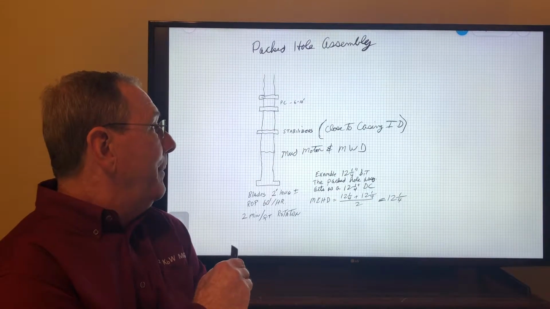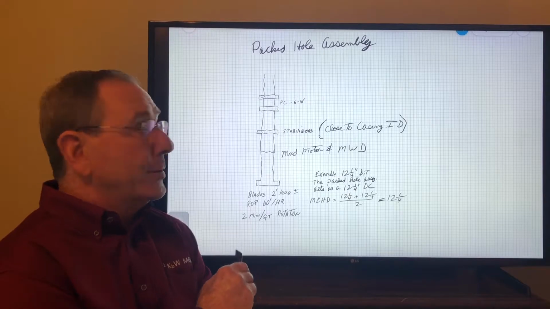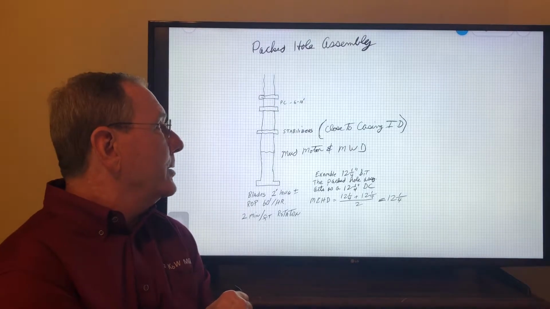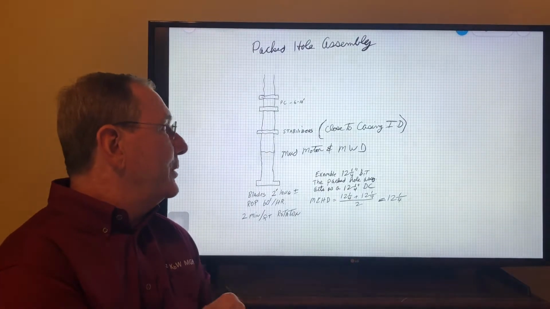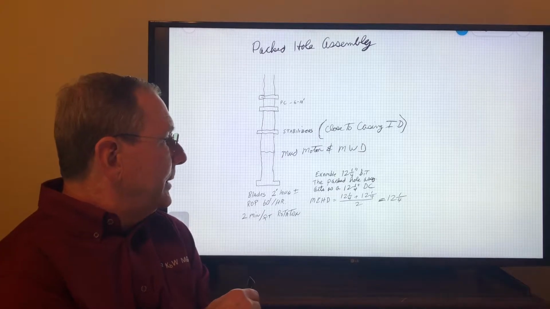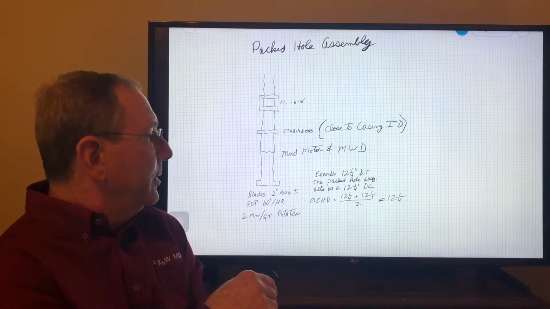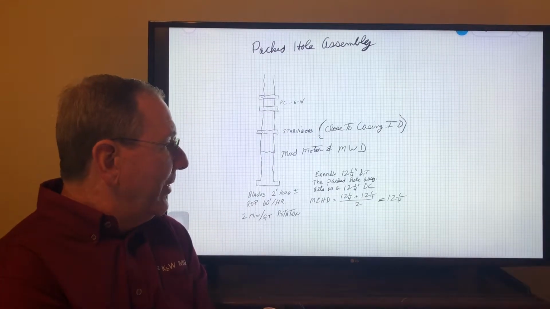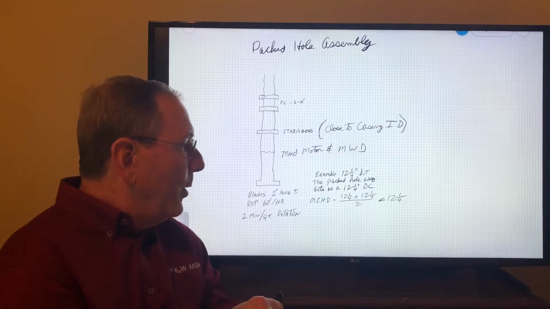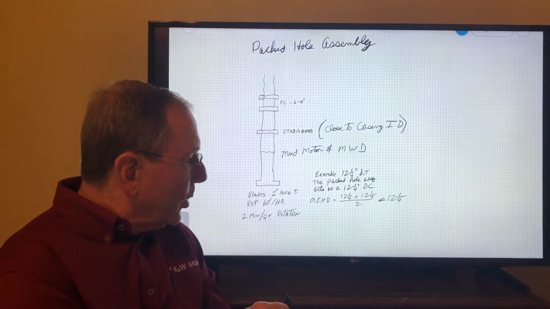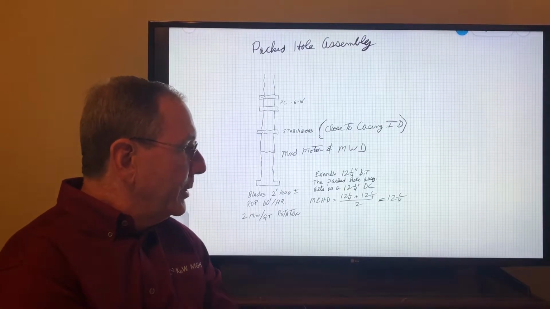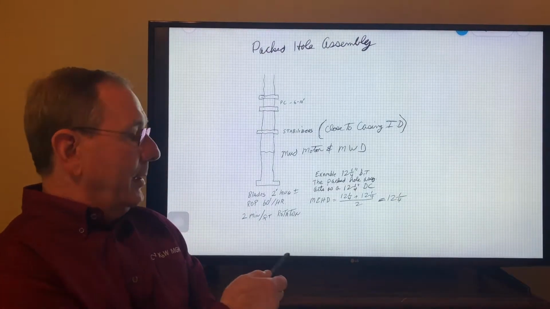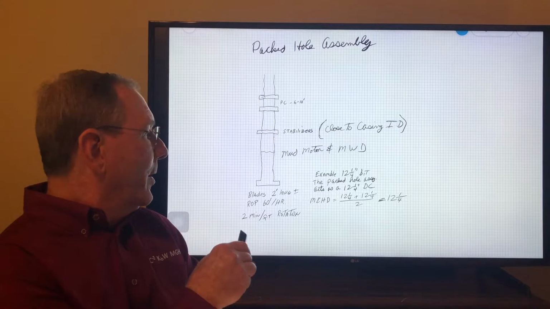Like I say, this mimics having drill collars which are the same size as the bit size because they're relatively short and they have these stabilizer blades on them. Going back to the drill collar equation, the mean effective hole diameter of a packed hole assembly is 12 1/4 plus 12 1/4 divided by 2, which is 12 1/4, because they are very stiff and it prevents this assembly from moving over in the borehole.